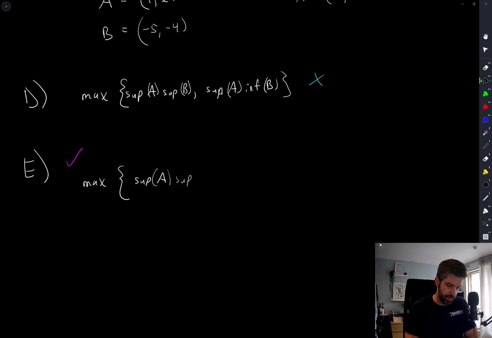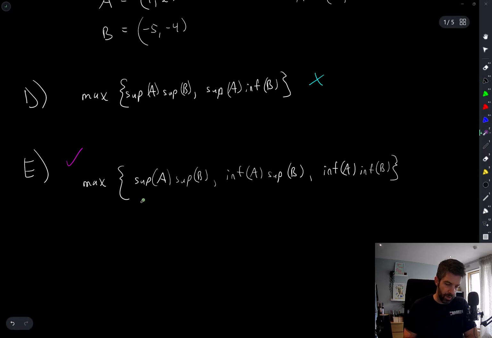Supremum A times supremum B, infimum A times supremum B, and infimum A times infimum B, right? And take the maximum of all of these.